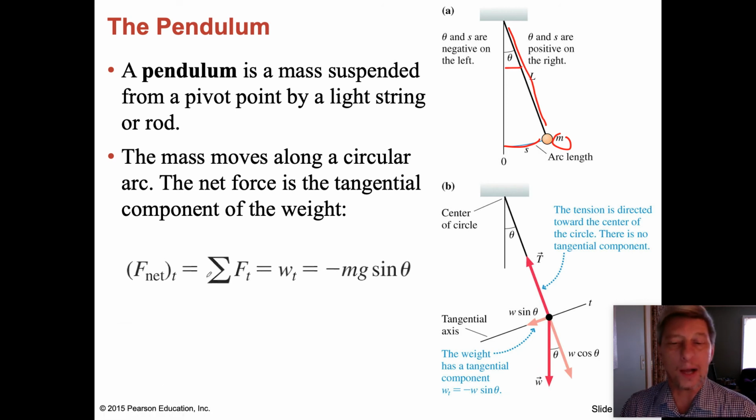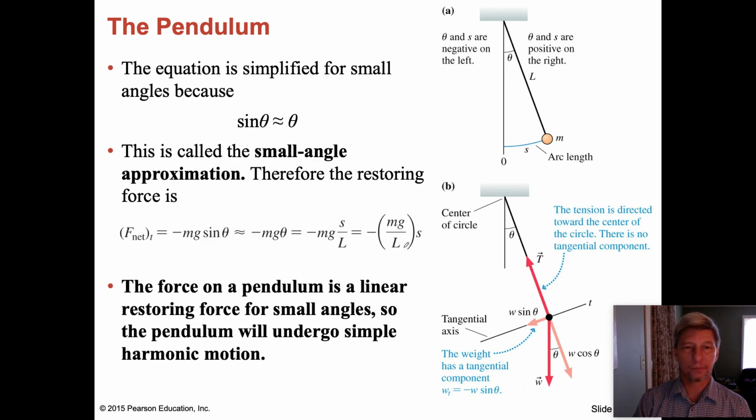So the net force here is going to equal negative mg times the sine of theta. All right, so that's the tangential component of the weight, and that's the restoring force in this case.